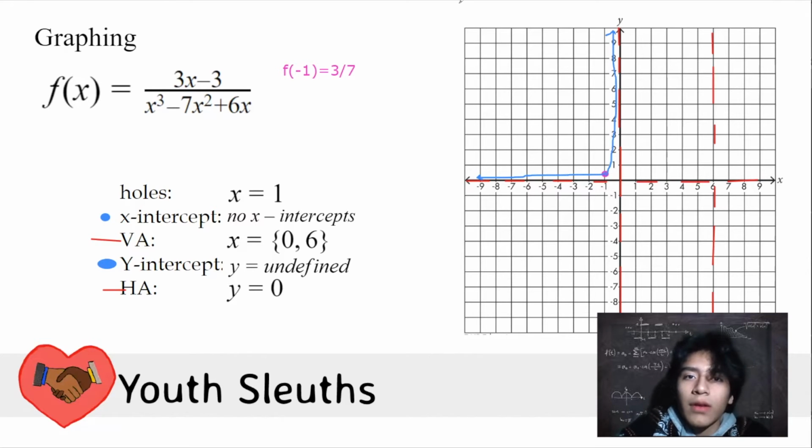Next, we are going to find if our graph lies here or down here. So let's plug in 2, since 1 is our hole, but we will graph that later. So f of 2 is -3/8.